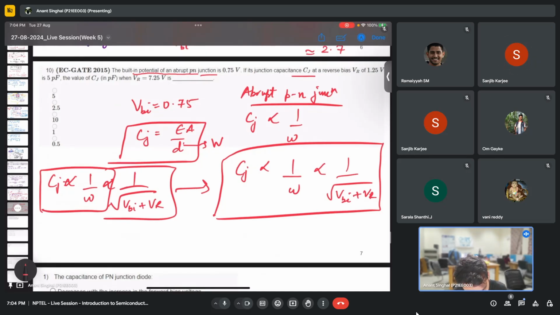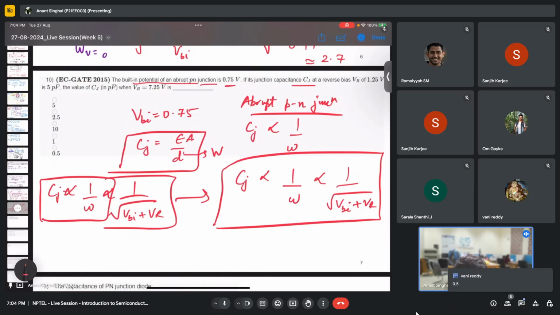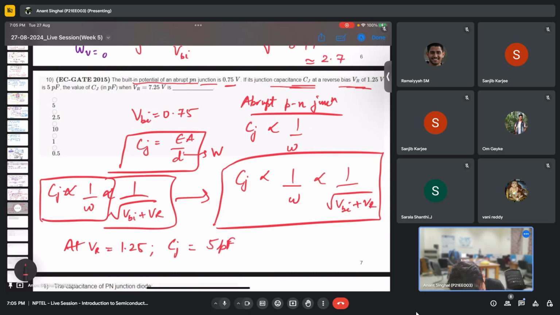Yeah. So now the question says that the built-in potential is given. I've already got one answer as 0.5, so let's check. If the junction capacitance at reverse bias VR equal to 1.25 is given as 5 picofarad, the question is asking that at VR equal to 7.25, what is Cj in picofarad?